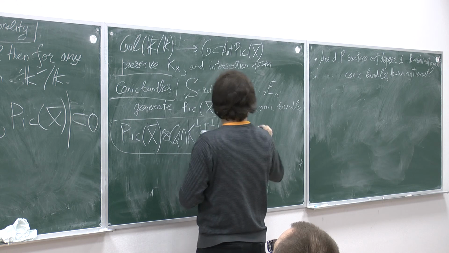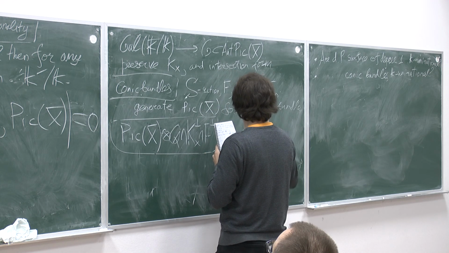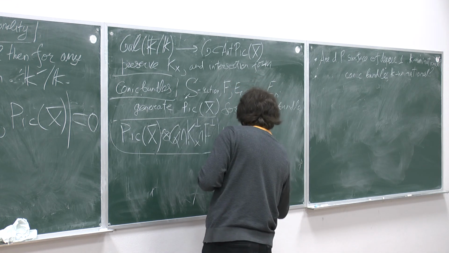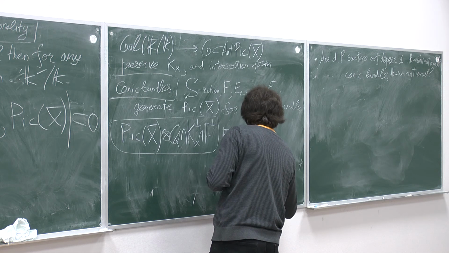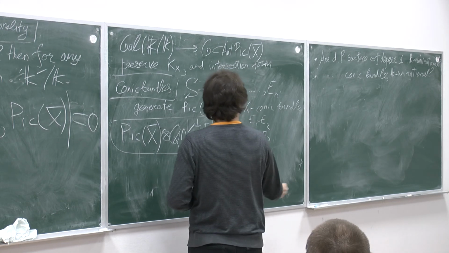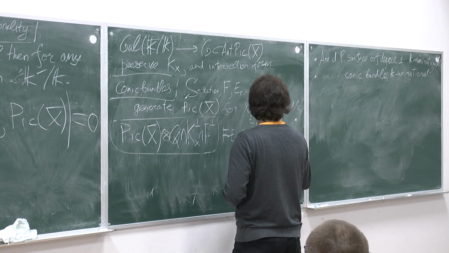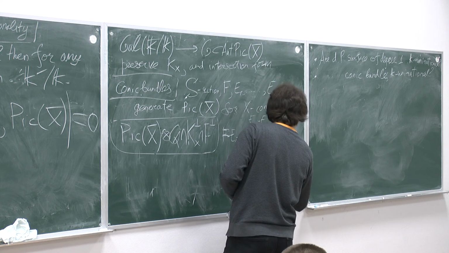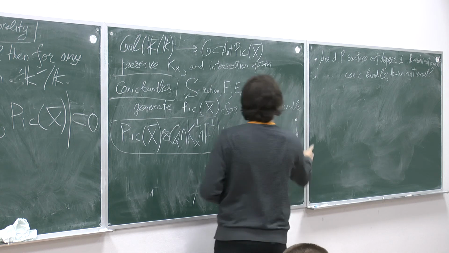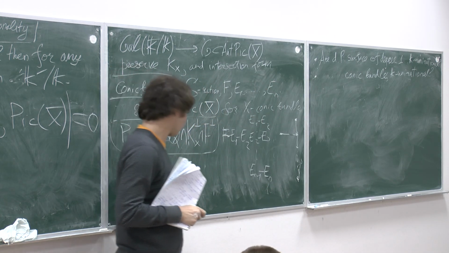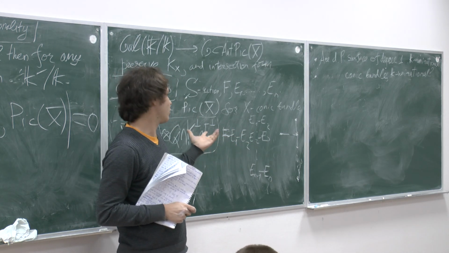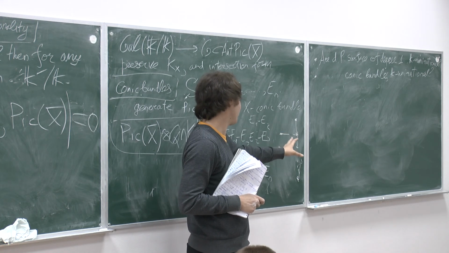F minus E1 minus E2, E1 minus E2, E2 minus E3, etc., E n minus 1 minus En. Why is this basis good? Since the square of any element of this basis is minus 2, and the generators have the following graph of intersections. Two vertices connected by an edge have intersection 1, and two vertices which are not connected by an edge don't have intersection.